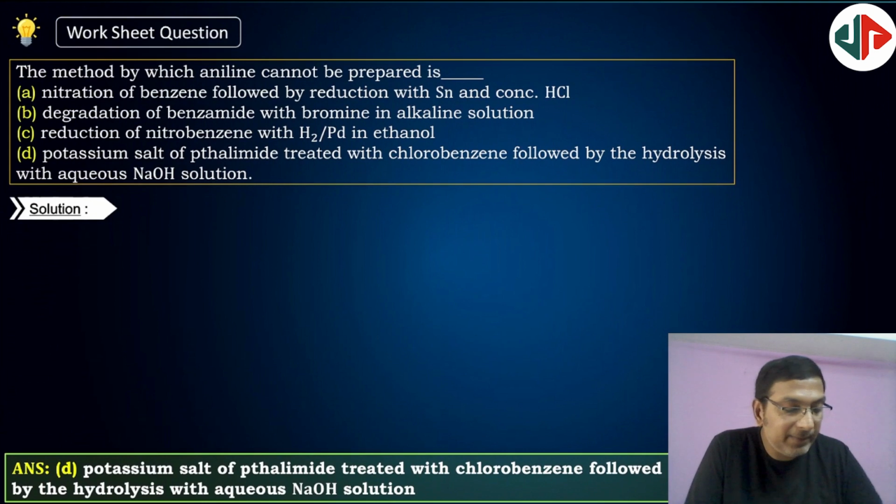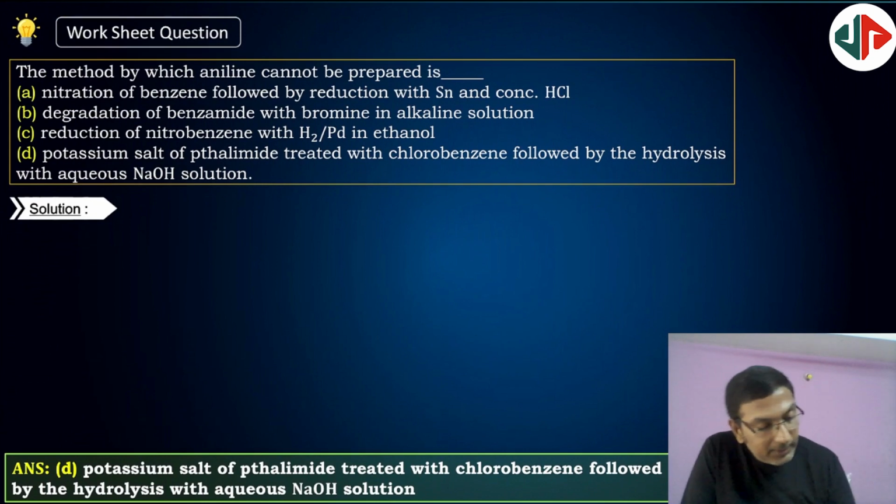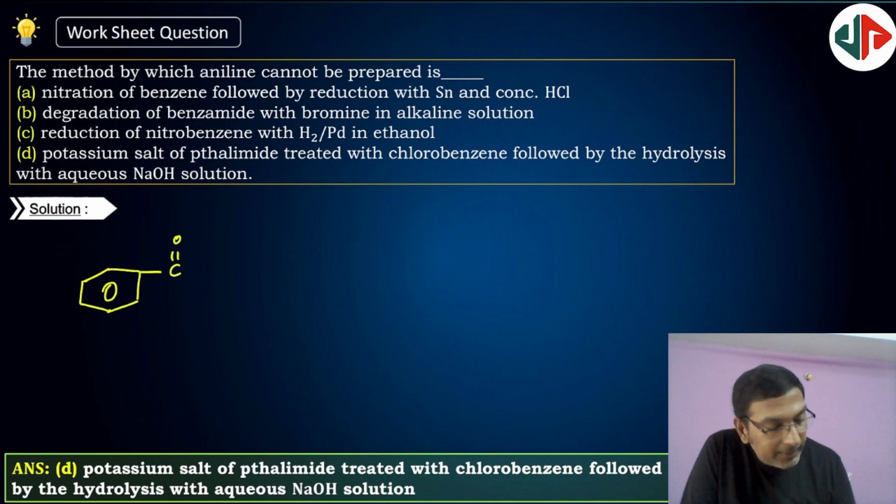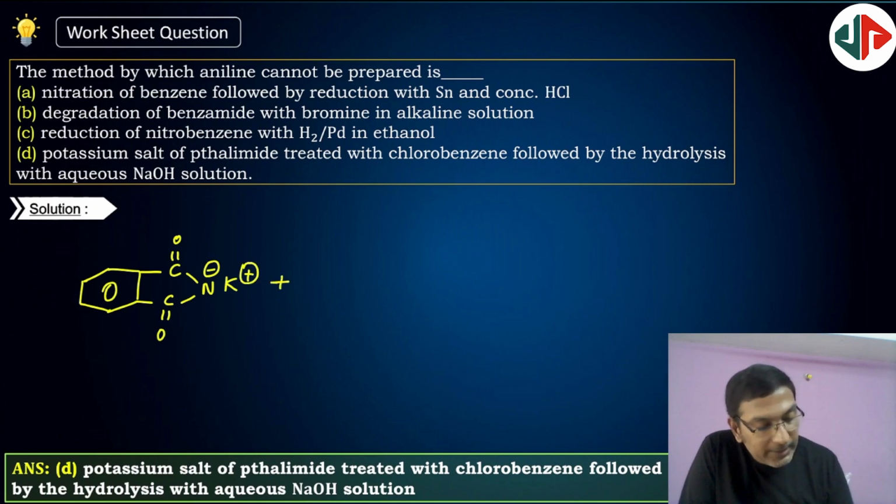The method by which aniline cannot be prepared is, if you take option D, potassium salt of phthalimide. Phthalimide will be like this, potassium salt, N minus and K plus. This is potassium phthalimide. Chlorobenzene.